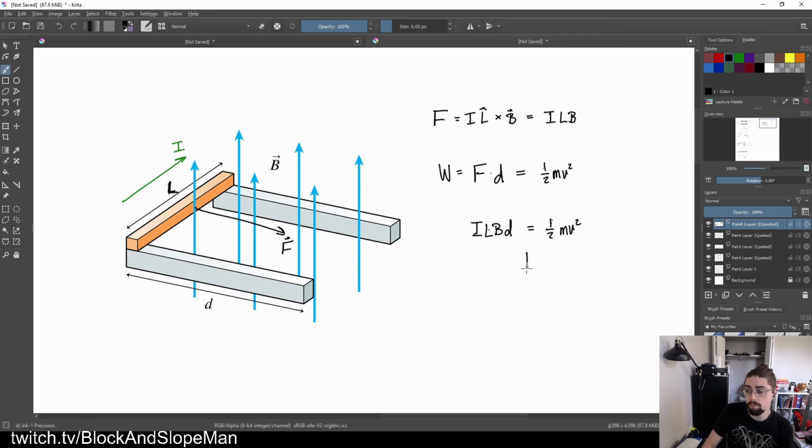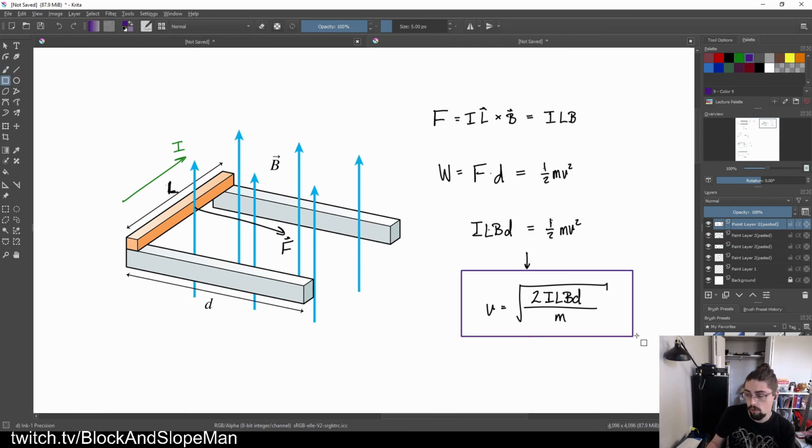Solving out for v, we get this right here. That is our expression for the final velocity of our projectile. Ramping up current, ramping up the B field, and increasing the length of the guiding rails could all increase my velocity as we launch this thing out.